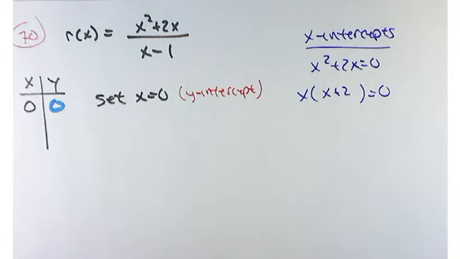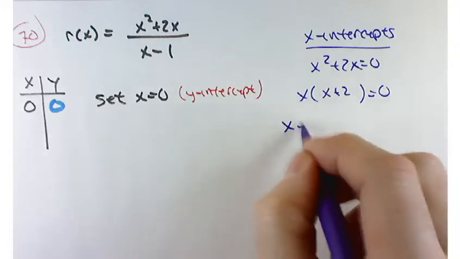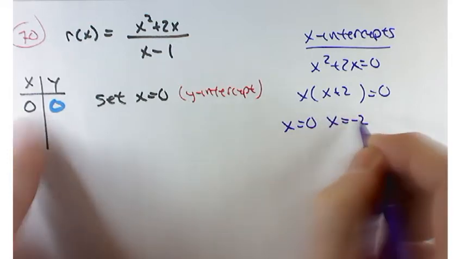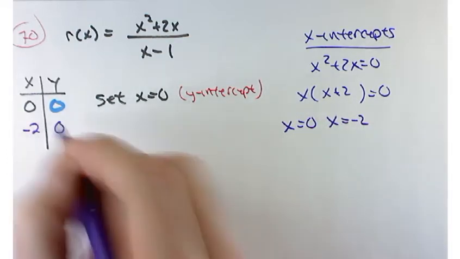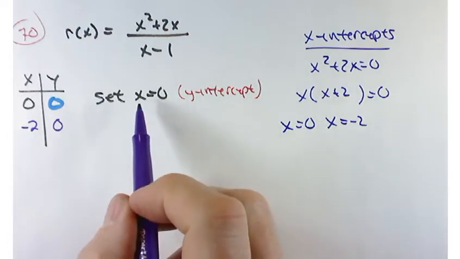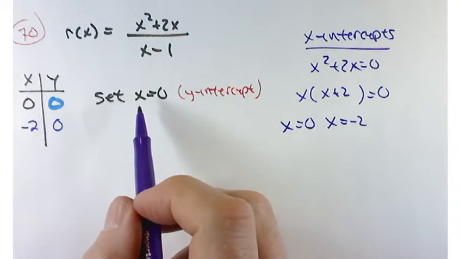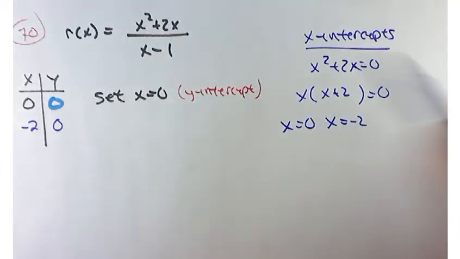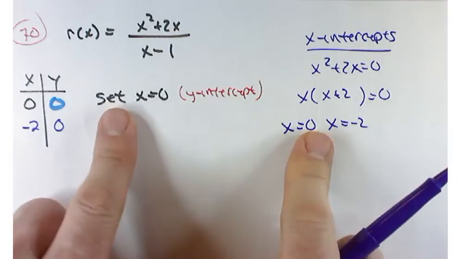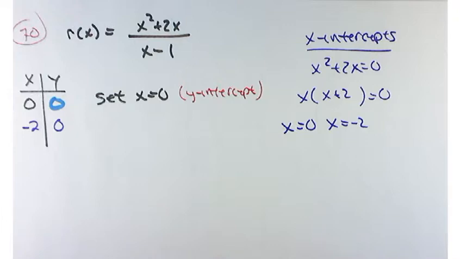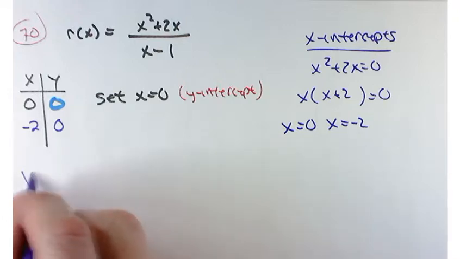And I get two solutions, right? X equals 0, which we already knew, and x equals negative 2. So negative 2 and 0. This point is kind of doing double duty here, right? It's an X-intercept and it's a Y-intercept. So even though we solved and got 3 different points, 2 of them are really the same, 0, 0. Where's your vertical asymptote?